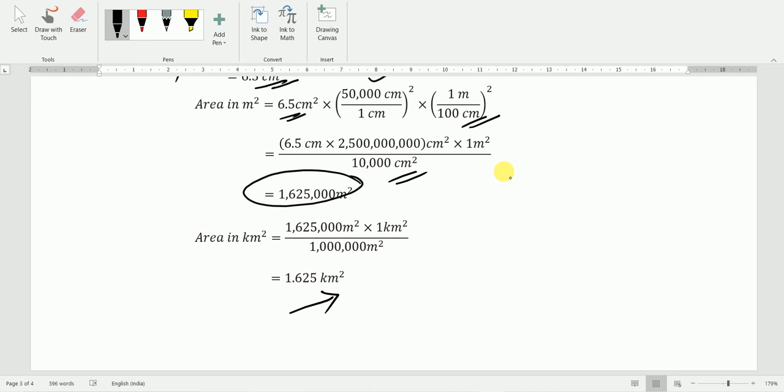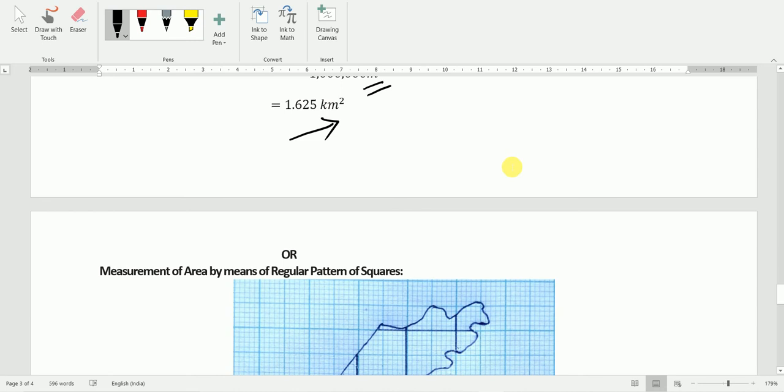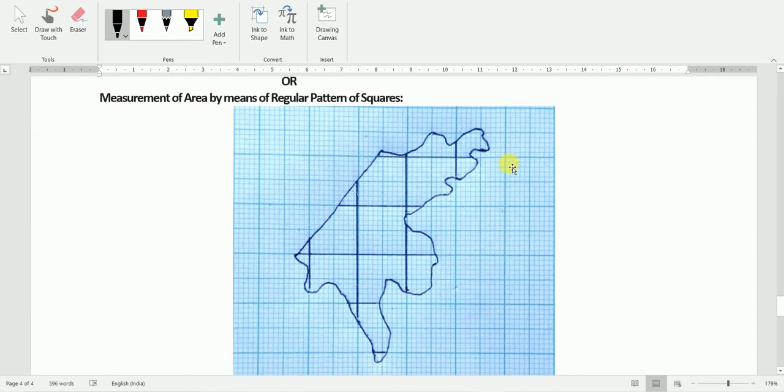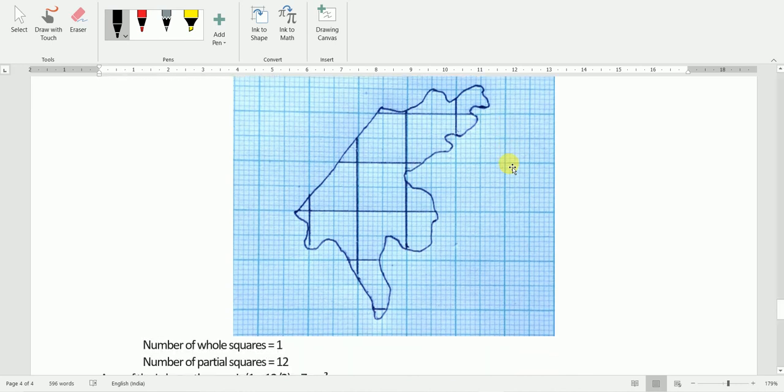This area in square meter is to be divided by this value, and after this we have got this area in square kilometer.